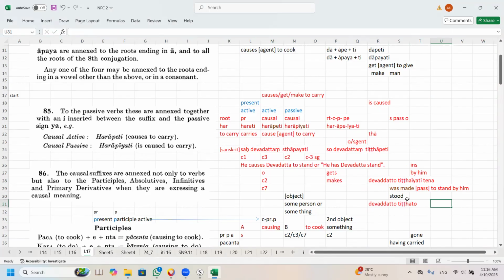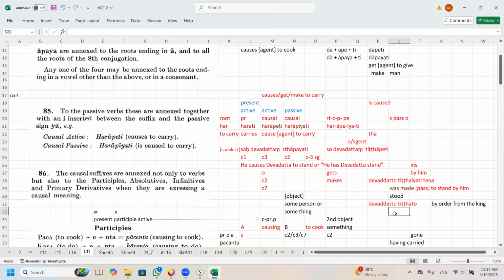That's all. But the moment you see it, in this sense, Devadatta stood, you cannot be causative, unless you have "by order from the king". So in this case, you have to translate all this in Pali, and then in there, Devadatta. Then in this case, only then can you not put "stood".